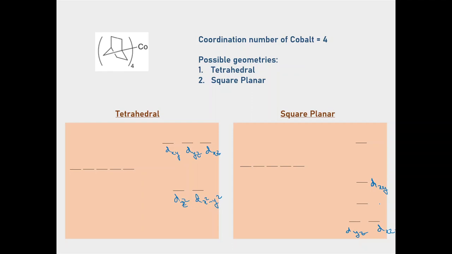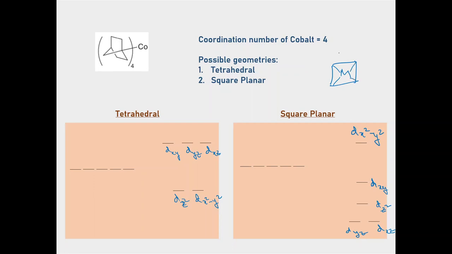And here it will be dx square minus y square, and this is dz square. So what happens in square planar is basically a square planar complex is like this.